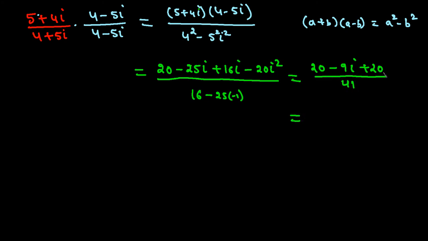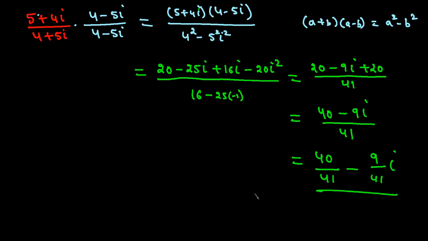On the top, 20 plus 20 is 40, minus 9 iota, over 41, which can be rewritten as 40 over 41 minus 9 over 41 iota. See, this is the standard form of a complex number. The first part is the real part, the second part is the imaginary part. So this is like a plus bi or ib. Okay.